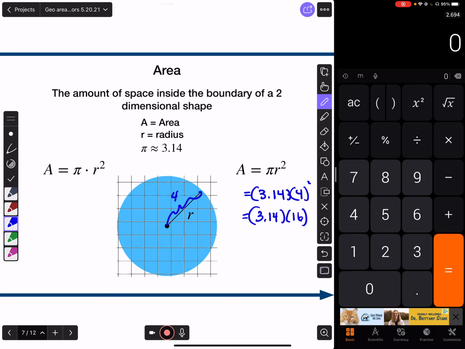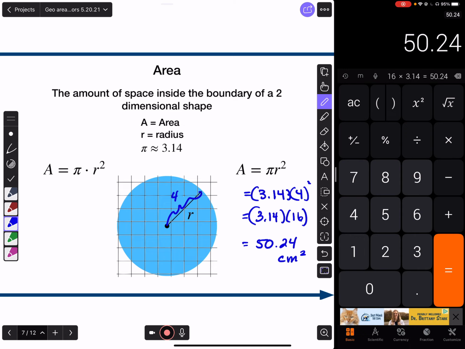And I'm going to clear this, and 16 times 3.14, so you end up with about 50.24. And if I call them each a centimeter squared, there would be about 50 of them in there.